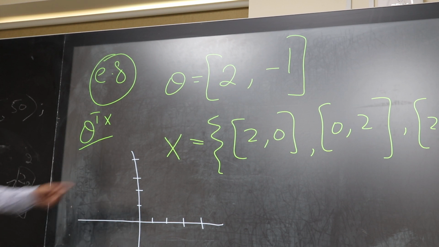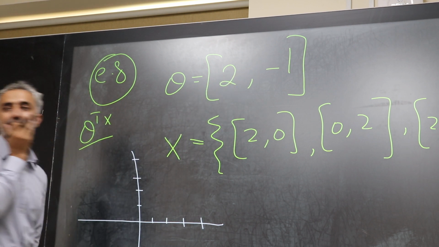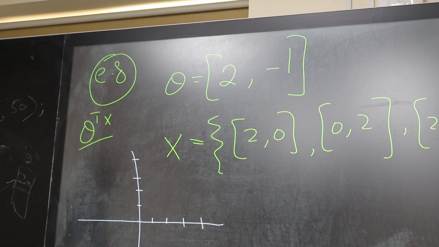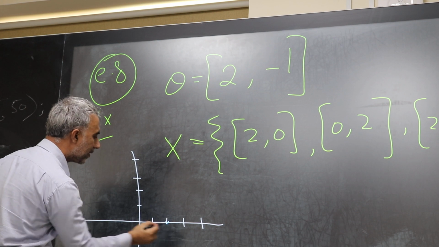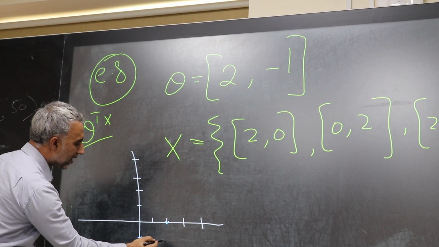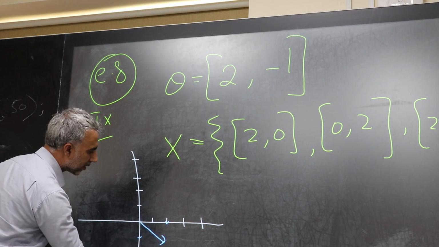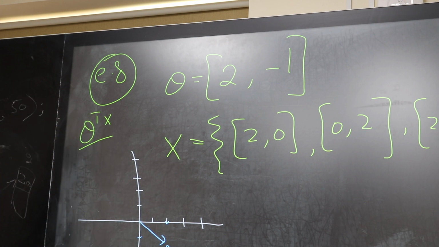First, this is the weight. The x-axis is 2, and the y-axis is -1, so the weight will be somewhere here. This represents the weight.